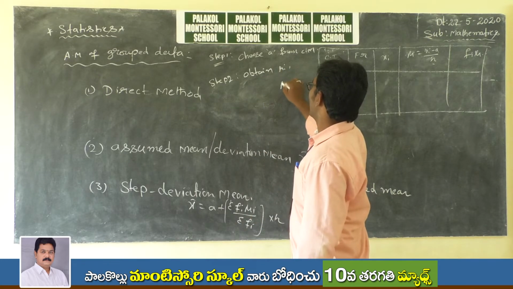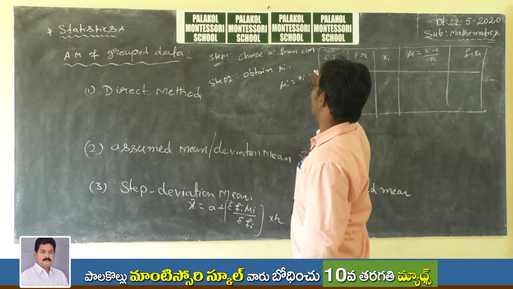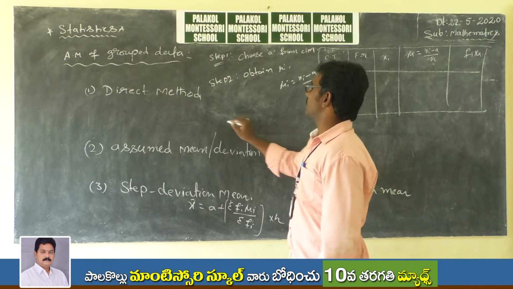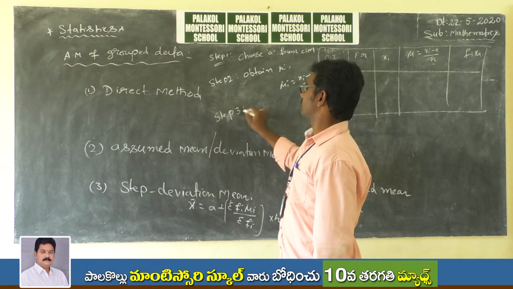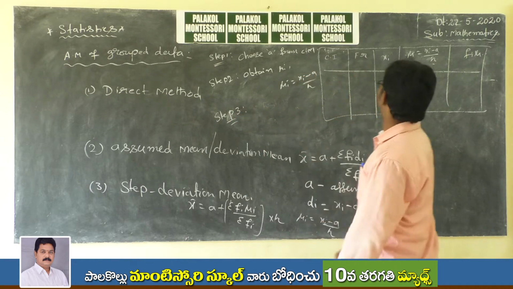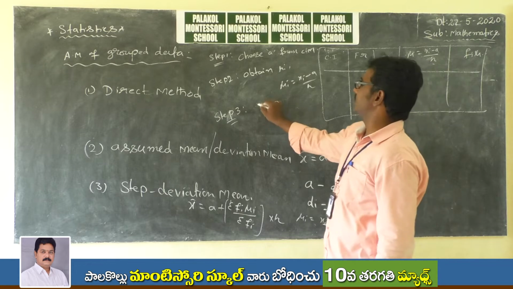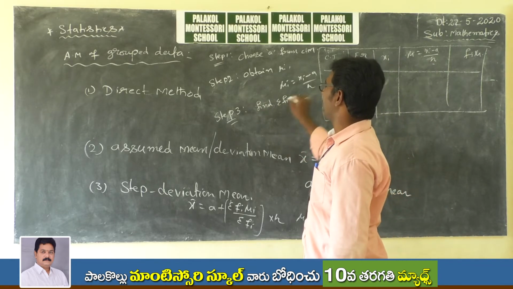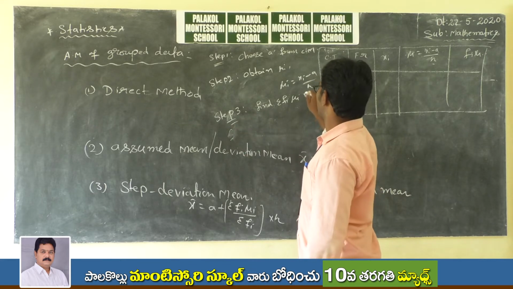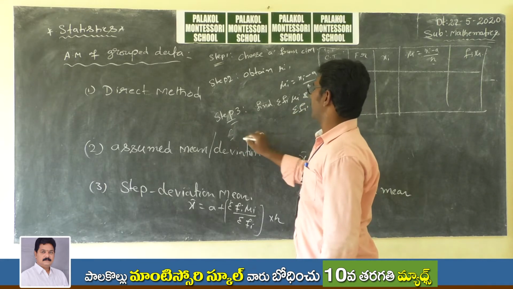How? ui is equal to xi minus a by h. Step 3: find sigma fi ui and sigma fi.